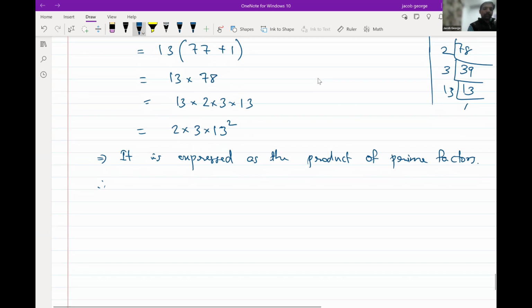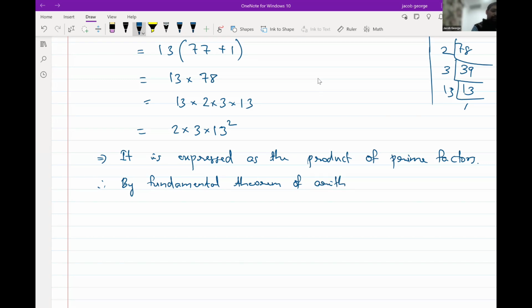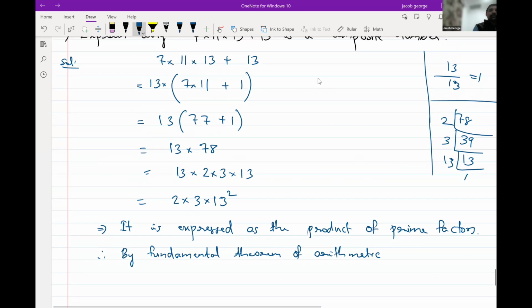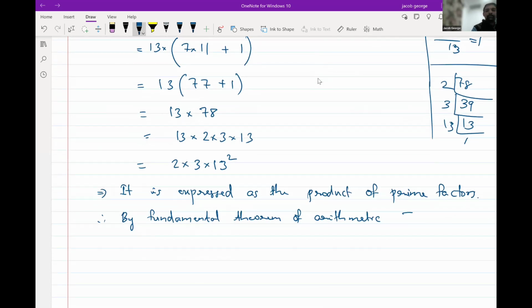Therefore, by fundamental theorem of arithmetic, this number 7 into 11 into 13 plus 13 is what type of number?